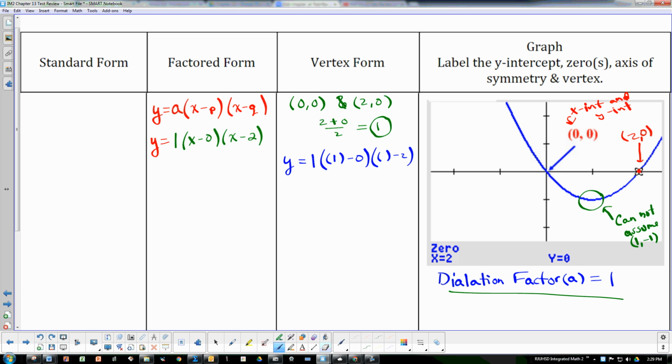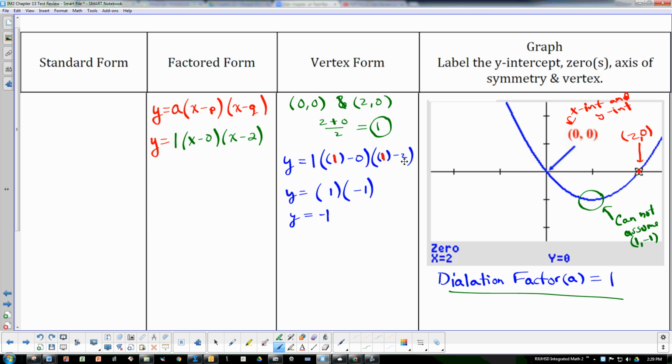I'm going to plug in 1 and 1. Let's make those different colors. So y is equal to, in the first parentheses, 1 minus 0 is 1. And then right here, 1 minus 2, that's negative 1. So y is equal to negative 1.